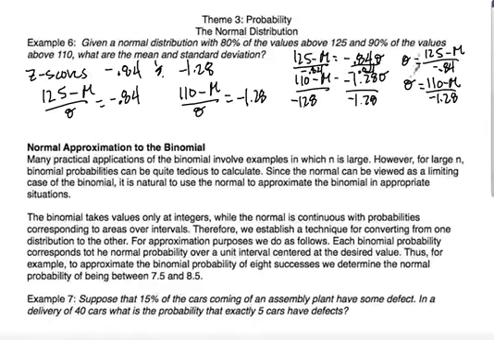Now, because these both are equal to sigma, that means that I could set these two things equal to each other. So 125 minus the mean over negative 0.84 equals 110 minus the mean over negative 1.28.